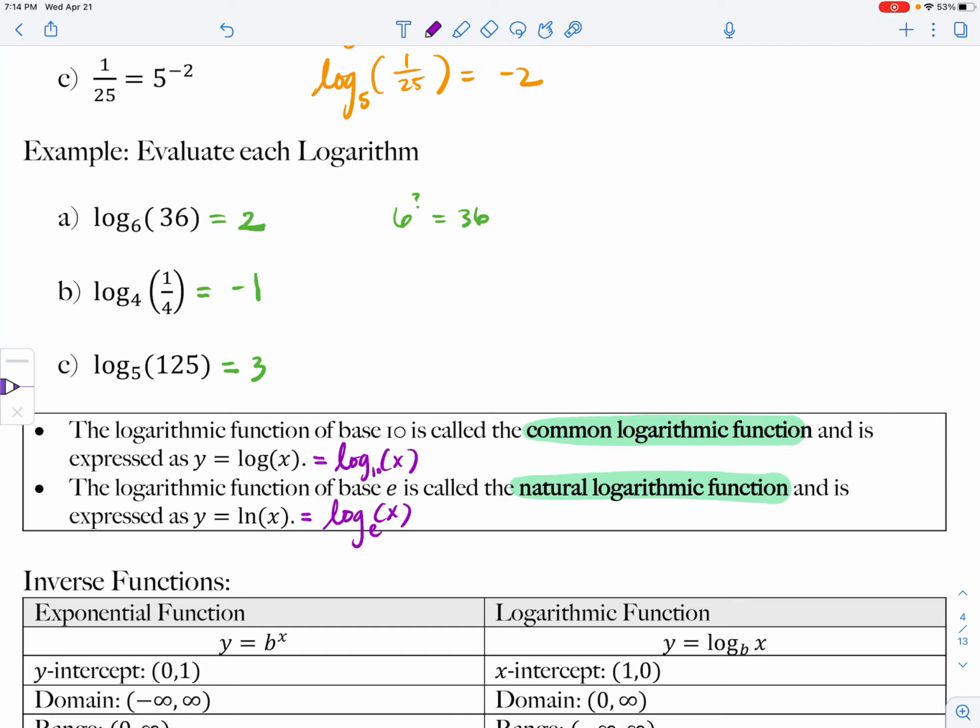And both log base 10 and ln are buttons on the calculator because they're commonly used. On the TI-84, if you hit the second button in either of those buttons, then you're calling up 10 to the x power or e to the x power.